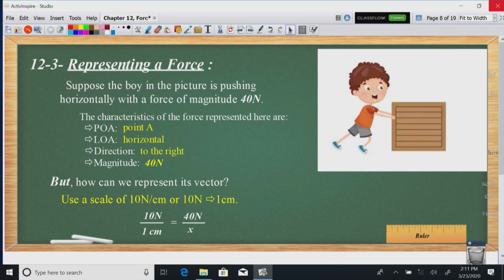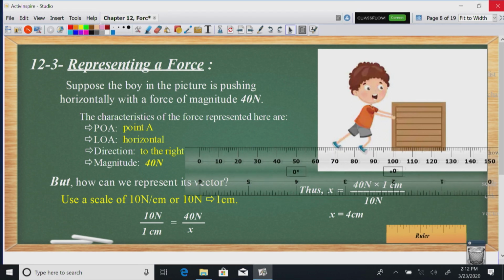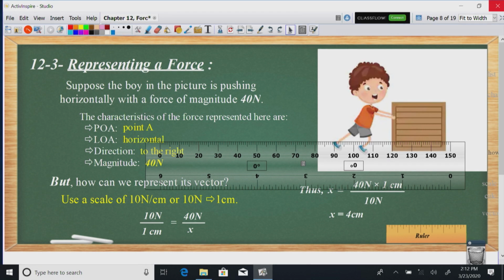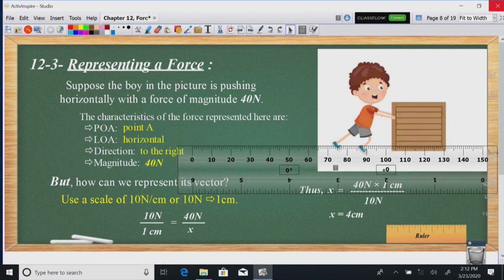ما بعرف قديش الx. هلا هون واحد فيه يعملها mental math, ما حدا له معك أكيد. بس إذا حبينا نفرجي الكالكوليشن x equals 40 نيوتنز times 1 centimeter divided by the 10 newtons. Writing this, نيوتنز كانسل اوت بيطلع عندي x equals 4 سنتيمتر. سو بجيب هالمسطرة، هي مسطرة هون، باخذ المسطرة عندي 4 سنتيمتر، هون المسطرة مرقمة بالمليمتر، فينا نغيرها اوكي ونقول له حط لنا اياها بالسنتيمتر.